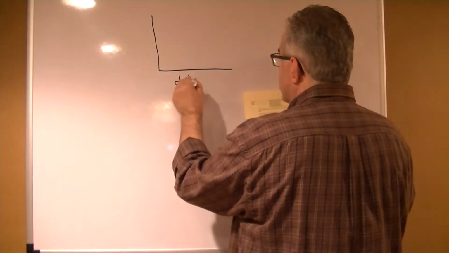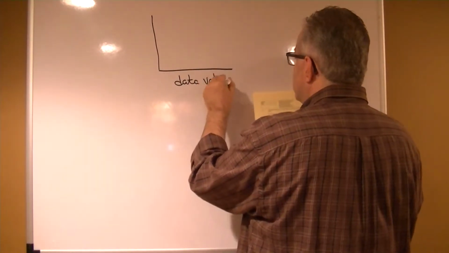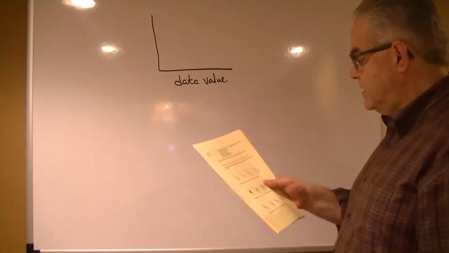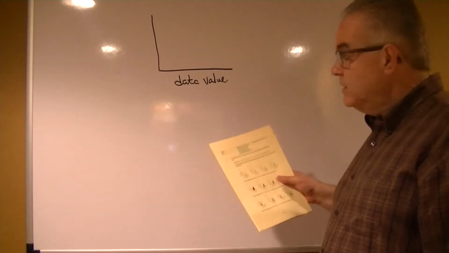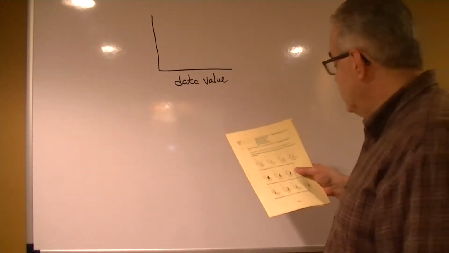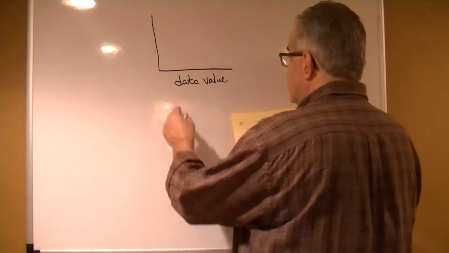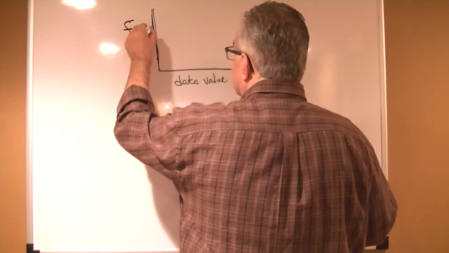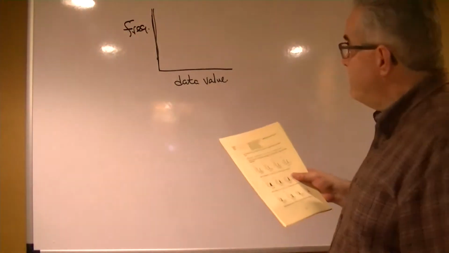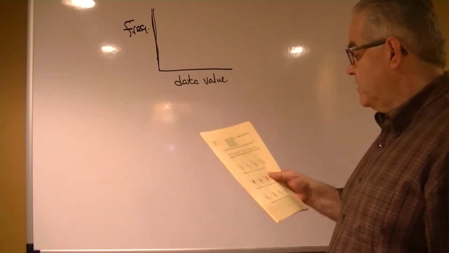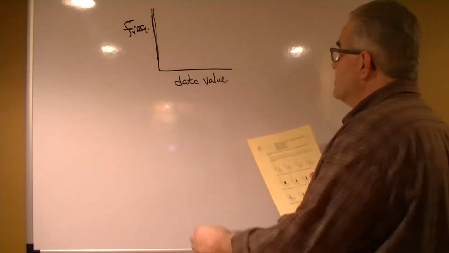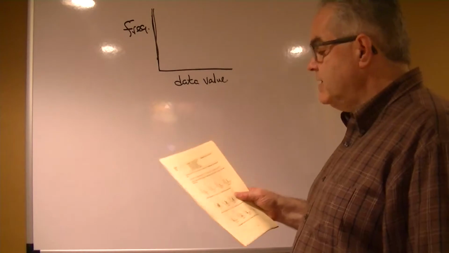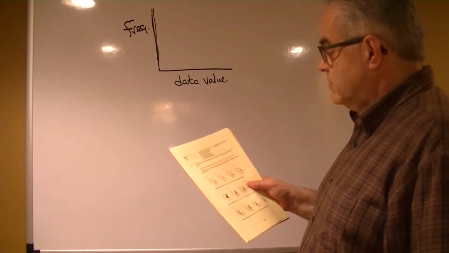Notice on the bottom, some say data value, and the two on the right, C and D, say frequency along the bottom. So you want to make sure you get that right. These are the data values along the bottom, and the left side is the frequency. Therefore A is the correct answer for 14.